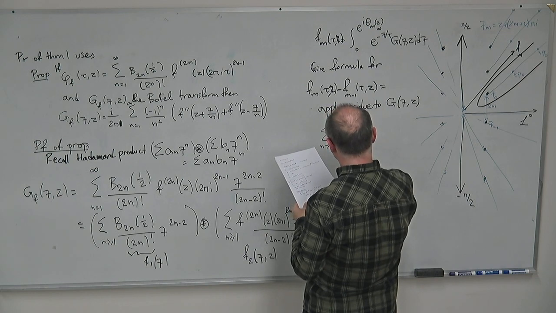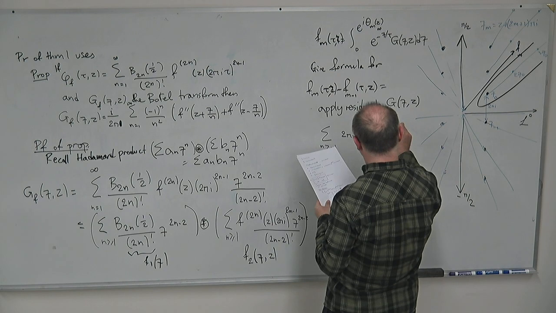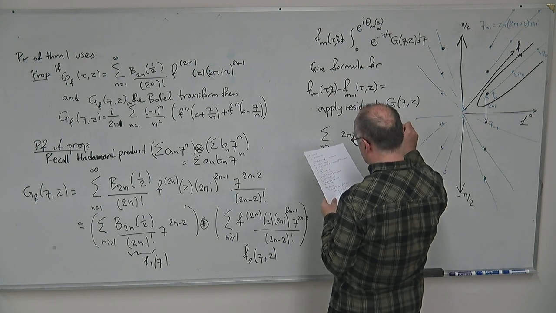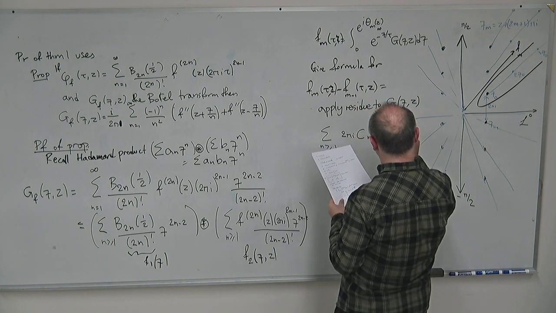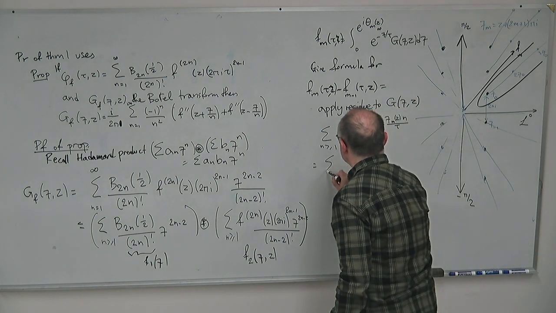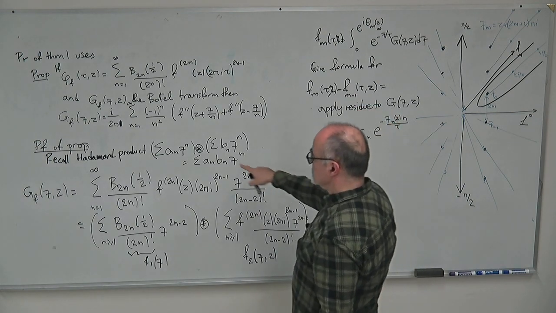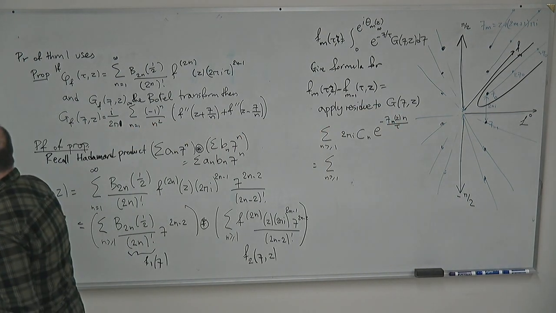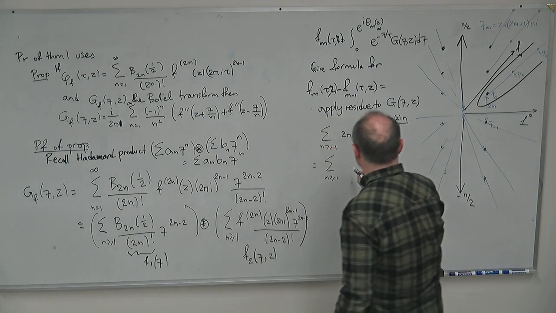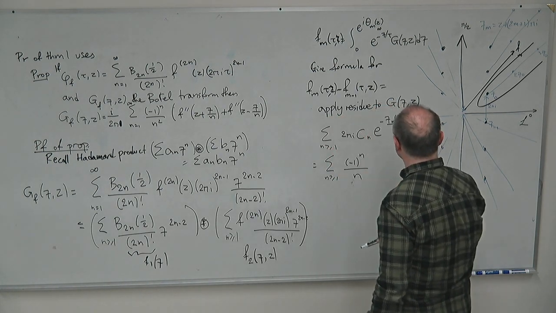I have 2 pi i, I have C_n, I have e to the minus C_m of z, n over tau, where this is the sum. My C_n was here, but I think it got removed. It's minus 1 to the n over n.